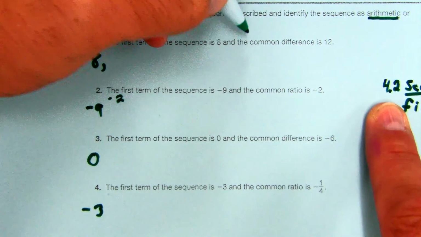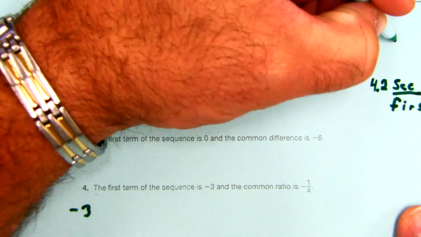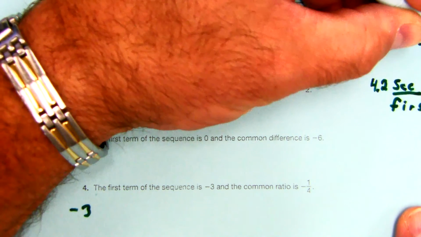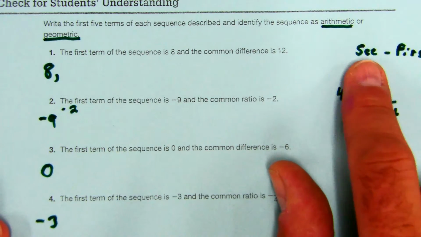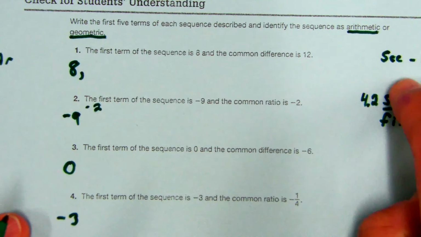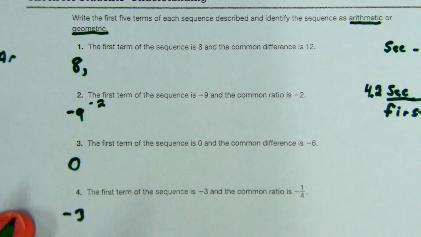Just like finding the common difference is all of the work you do in skill practice 4.2 when you take the second term minus the first term. So if you were trying to find the common difference, you would take the second term minus the first term. If you were trying to find the common ratio, you take the second term divided by the first term. In this case, they give it to you, so you're not having to find anything.